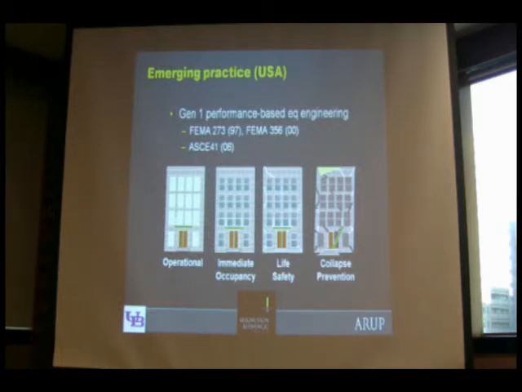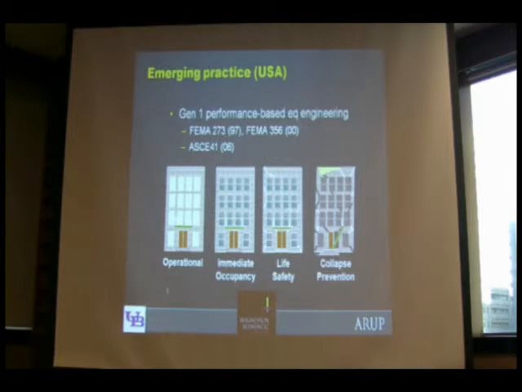So if you have 200 occupants in a building and 2 are killed during an earthquake, in my opinion, that would be life-safe performance. We don't live in a risk-free world, so people will die in earthquakes. We just don't want wholesale loss of life that might be associated with a building collapse.